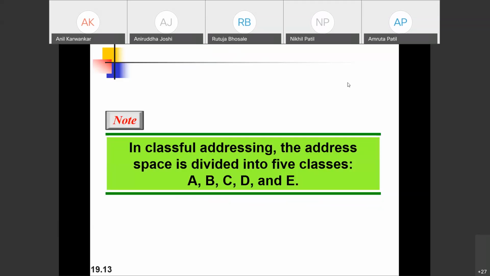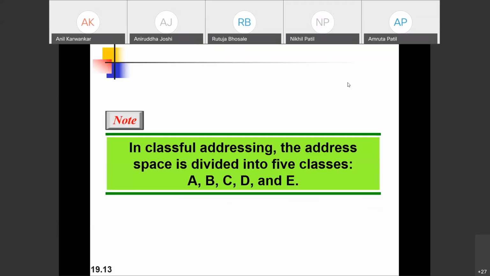In order to provide a proper configuration for the huge number of available IP addresses, two different types of addressing were suggested in IP version 4. The first type is known as classful addressing.